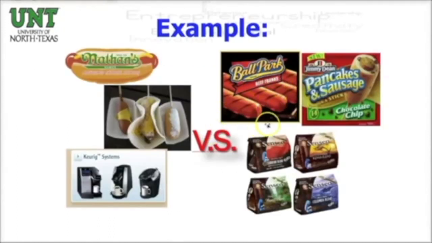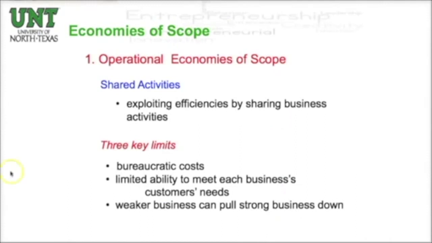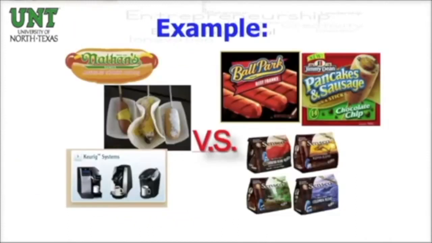You've got hot dog customers, and customers that want corn dogs and coffee, different kinds of consumers. You've got to manage those expectations at the same time. And a weaker business can pull a stronger business down.